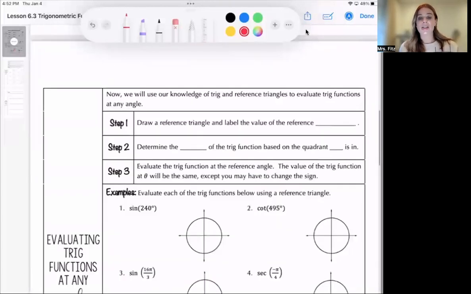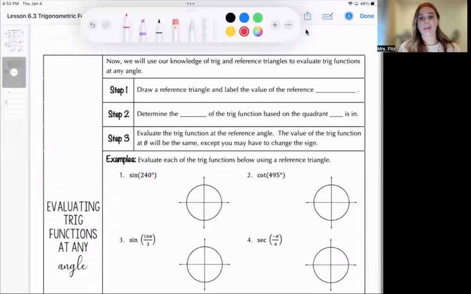So putting this all together, we are going to actually be able to evaluate any trig function at any of these angles by finding a reference angle. Okay, so it says now we'll use our knowledge of trig and reference triangles to evaluate trig functions. Step 1, draw a reference triangle and label the value of the reference angle. That's your theta with the little hat, right?